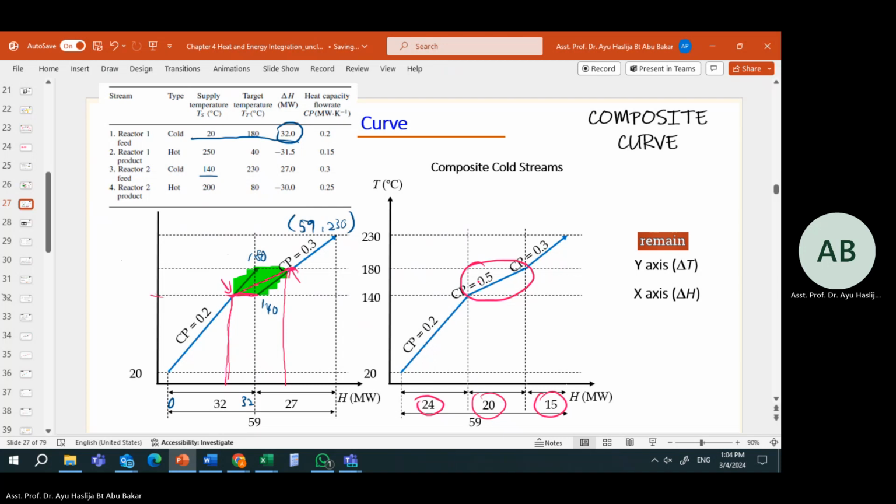Now CP 0.5. How do you get this diagonal?